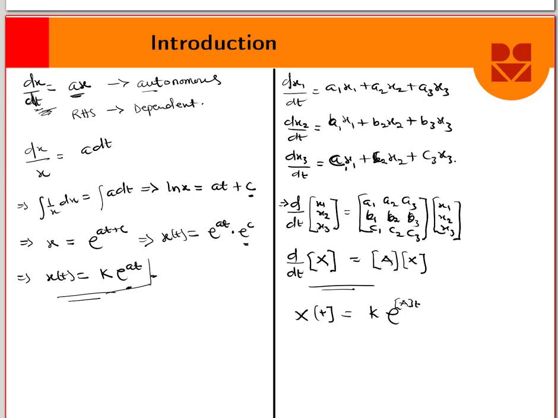So in order to solve this, we would have to use some important ingredients of the matrix. That's the eigenvalue and the eigenvectors v. So the eigenvalue lambda and the eigenvector v of the matrix A.